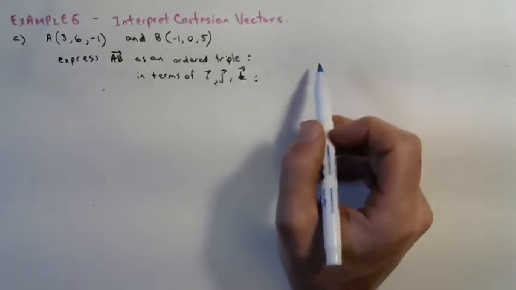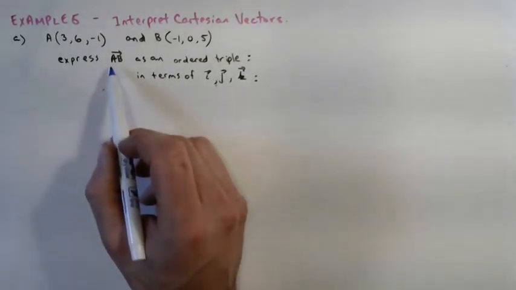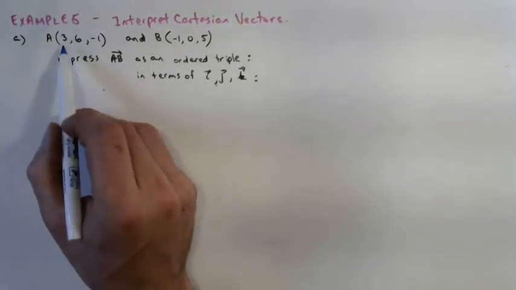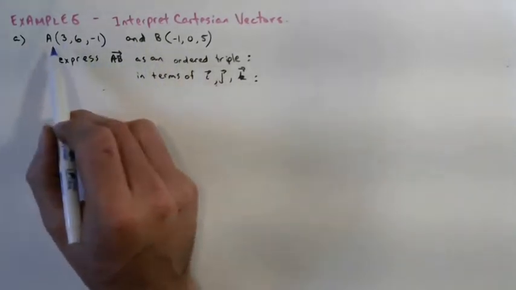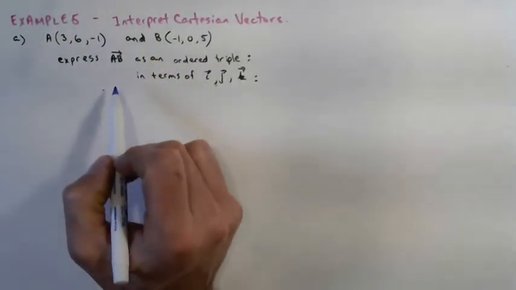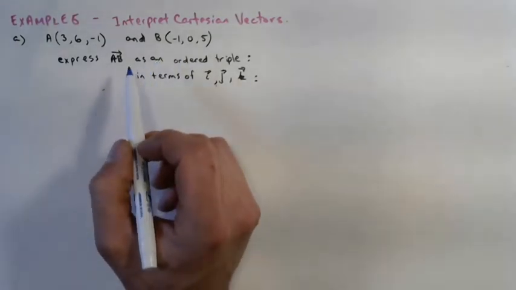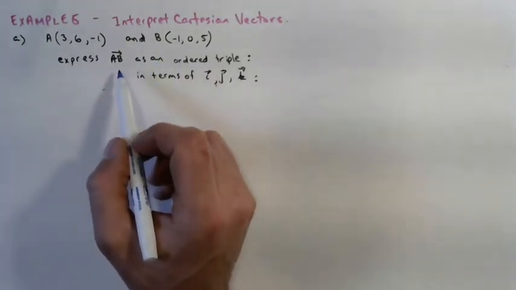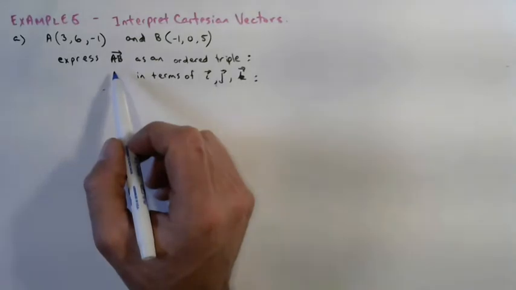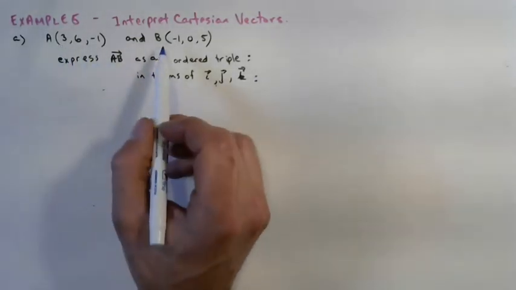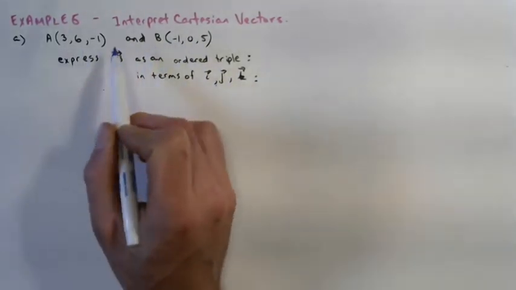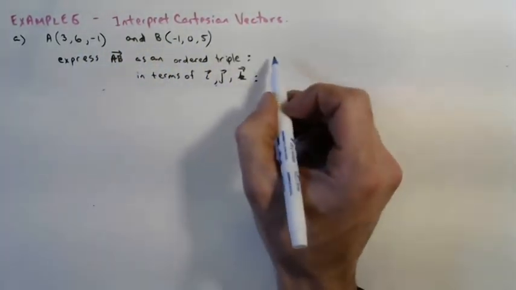The vector AB then is the difference in your x's. So AB is a vector anywhere in 3 space. And we're going to essentially translate it to its position vector, AB, with its tail at the origin. Okay, so we're just taking the difference, the change in x, the change in y, and the change in z.